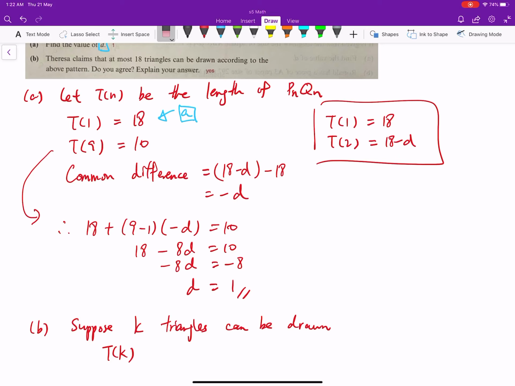Then what is the constraint we need? If you are able to draw this triangle, then this must be a line you can draw, which means it must be positive, and it cannot be 0, because if it is 0, you cannot draw it. So TK must be greater than 0.